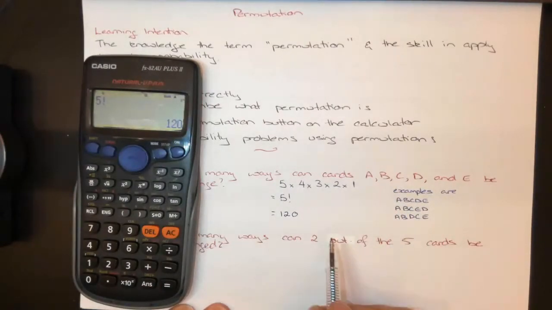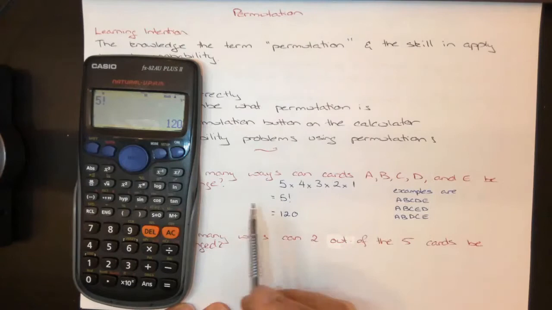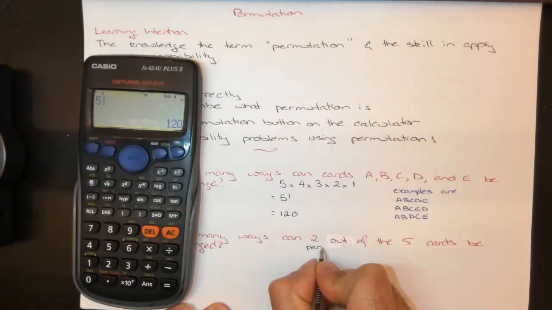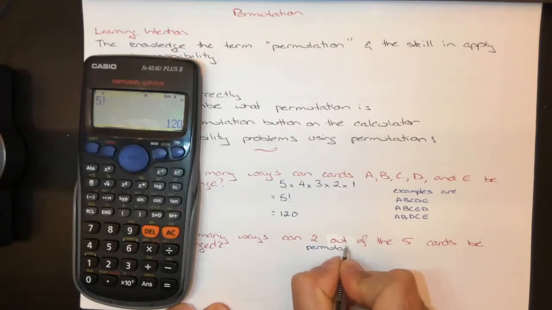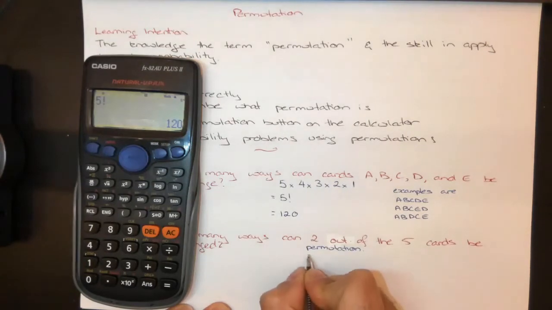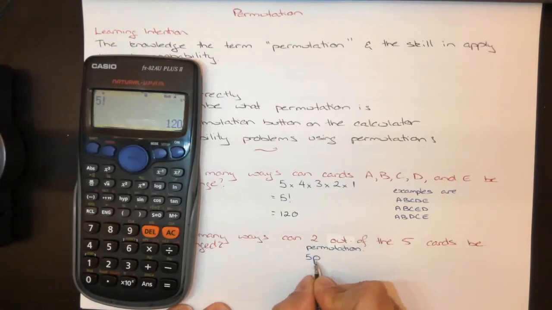So when I'm not using all the cards, we call this a permutation. And so I want to figure out how many out of 5 cards, how many different permutations can I make with 2 cards?